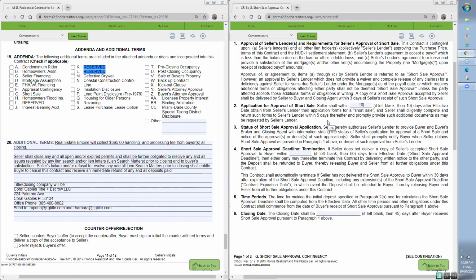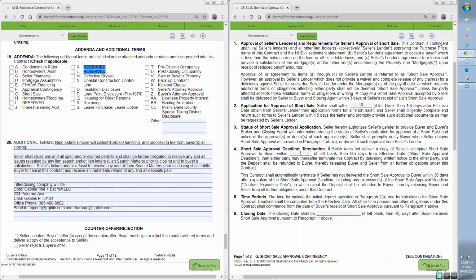Number 4 is the deadline that we, as the buyer, are giving the seller in order to give us an answer. Here, if we leave it blank, it says 90 days. Obviously, that's something you can discuss with the seller. The seller may say, listen, we don't have it approved, but we've already spoken to the bank, and we know that they're going to approve an amount.